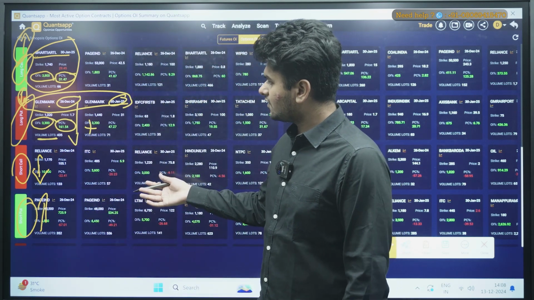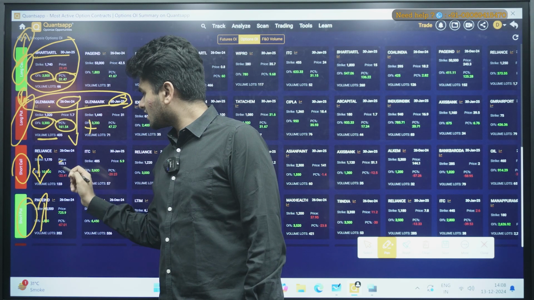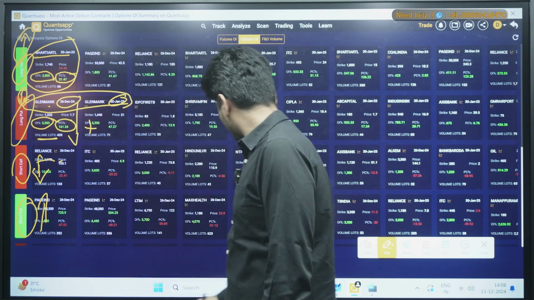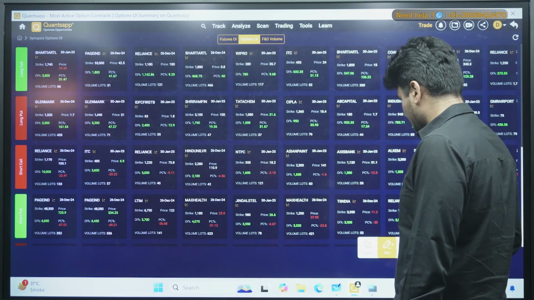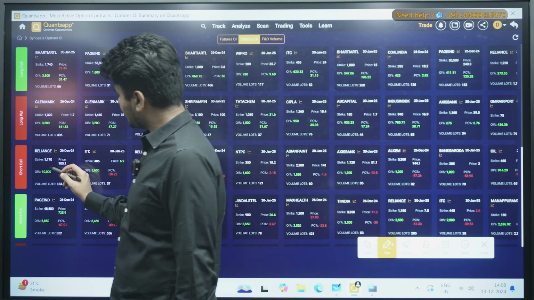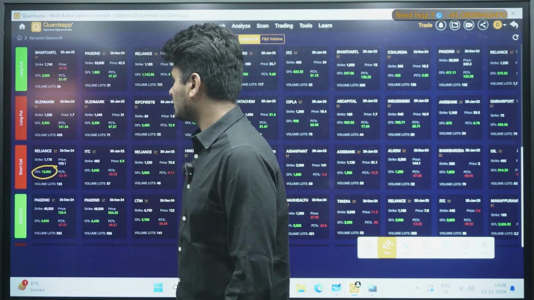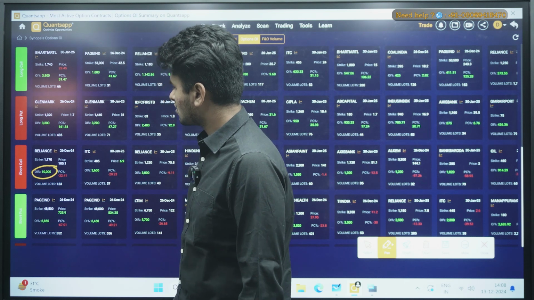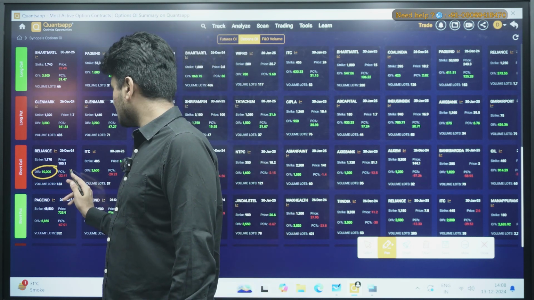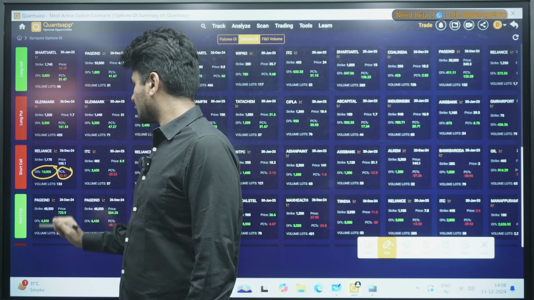Now next, we are seeing selling on the call side. If we see call sellers active, you can see a change in OI of around 10,000% on the call side, and the price change is negative.